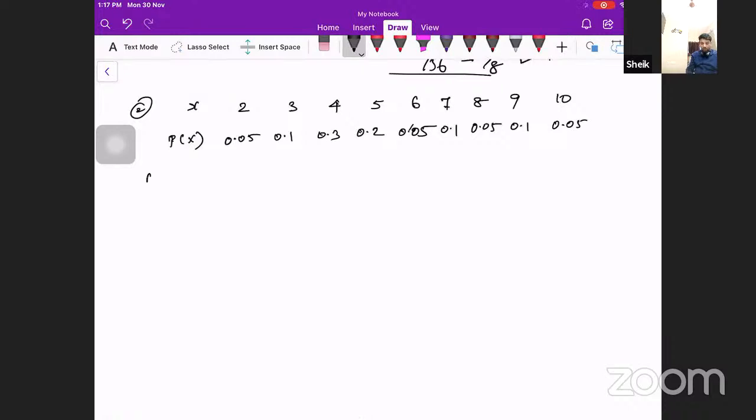Now look at this, my dear. We need to find out the expected value of X. See, these questions are all coming, so you should not leave this question. Definitely you have to attend this question. I think you'll be using your calculator.